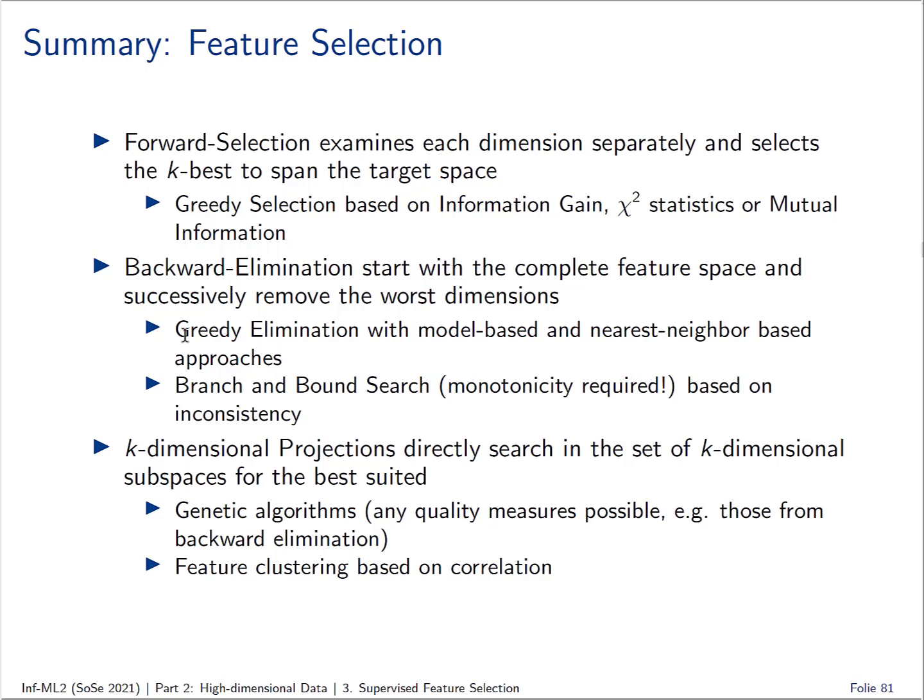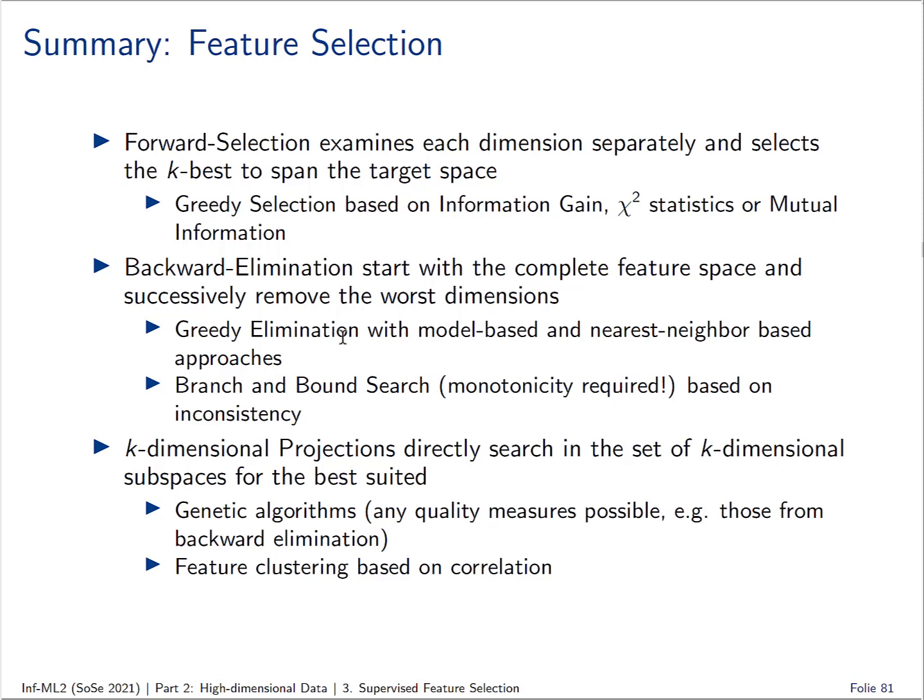We got to know different sub-schemes: greedy elimination with distance-based and model-based approaches, where the subspace evaluation measures are not monotonic, and if it is monotonic, like this inconsistency measure, we can employ branch and bound search for the optimum of the measurement.